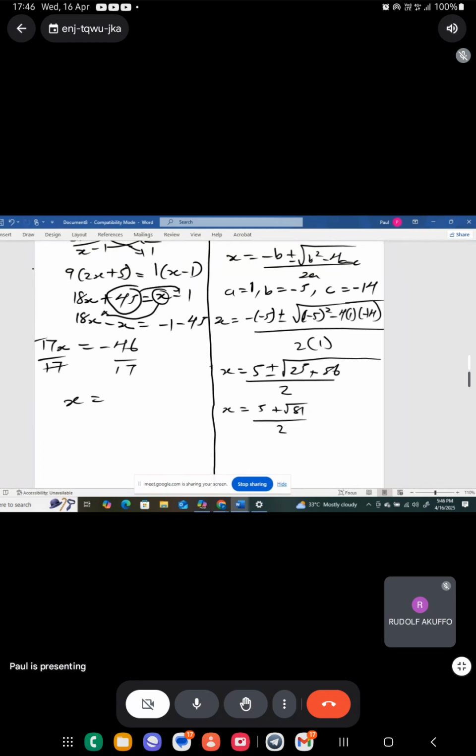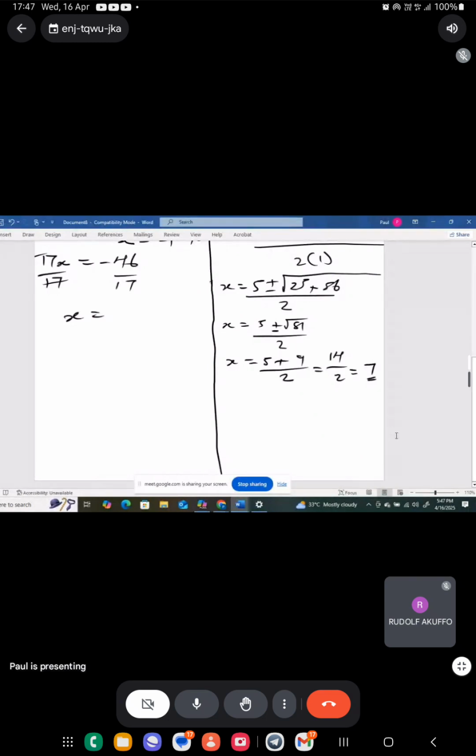And you know the square root of 81 is 9, plus or minus. So when we take addition, 5 plus 9 over 2. 5 plus 9 is 14, divided by 2 gives us 7.